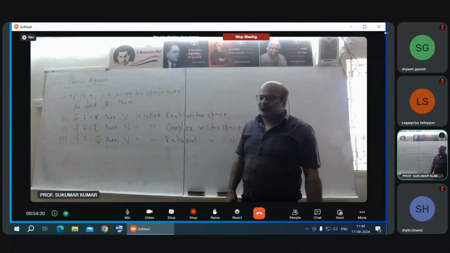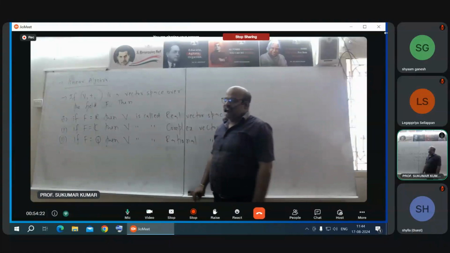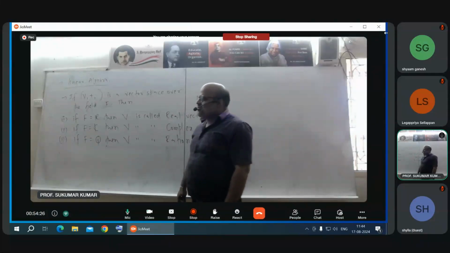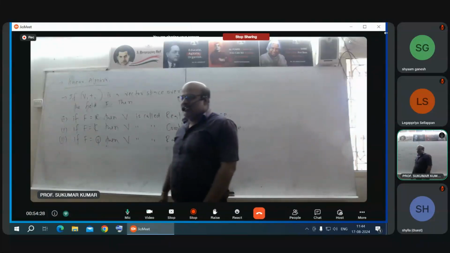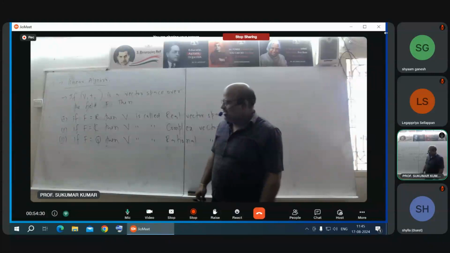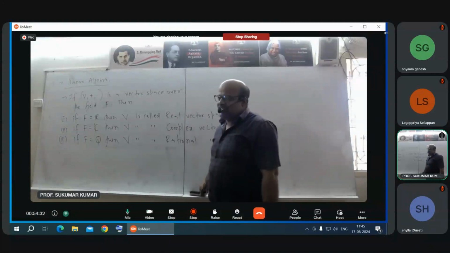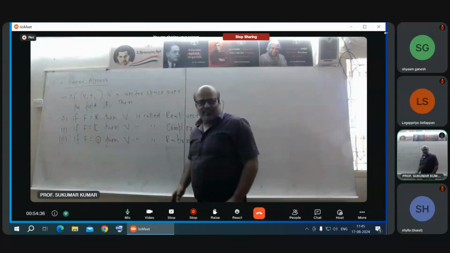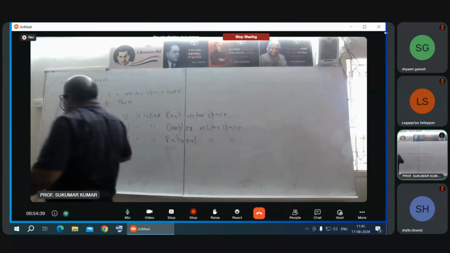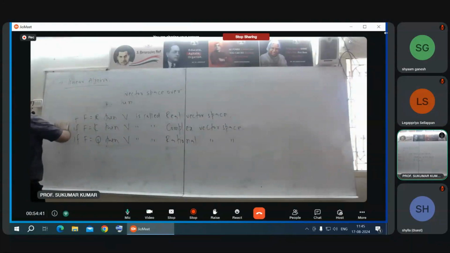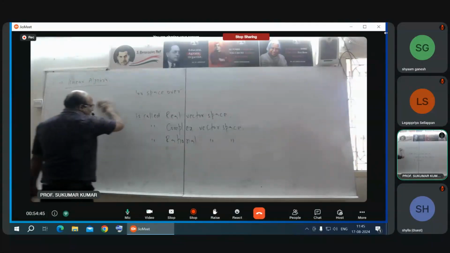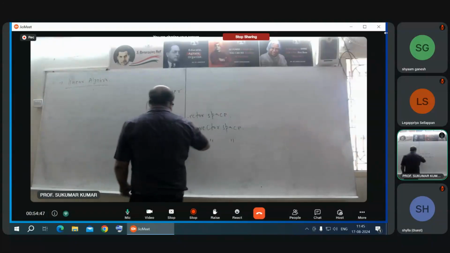Use a black pen for red. So real over the field R means real vector space, complex means complex vector space, rational means rational vector space. Finished? Cut that, don't forget it, otherwise you will revise later. Natural number is not a field.